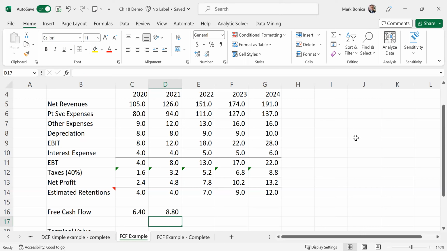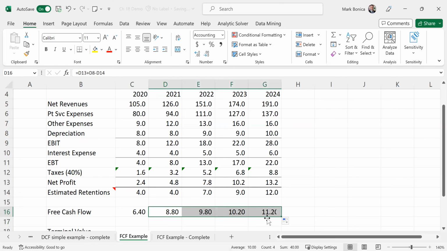So conceivably, investors could be pulling out this cash and the business would be okay. So now we're just going to continue that as a formula. Since we're working in Excel, we're just going to copy that over. So the cash flows for this business during its rapid growth phase would be 6.4, 8.8, 9.8, 10.2, and 11.2.